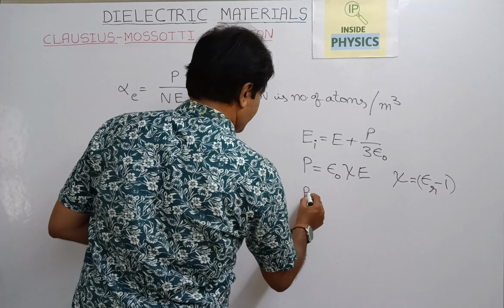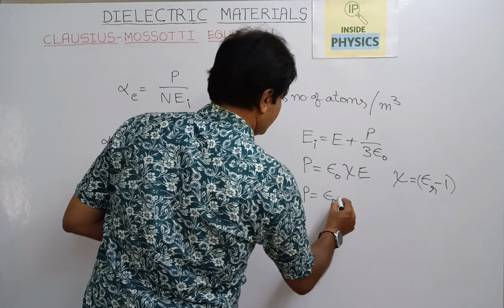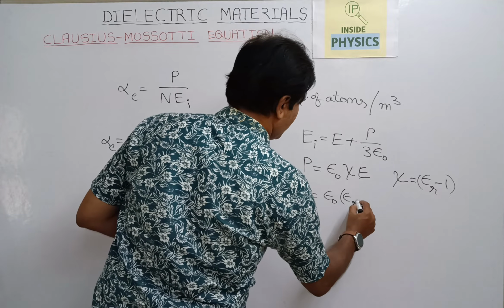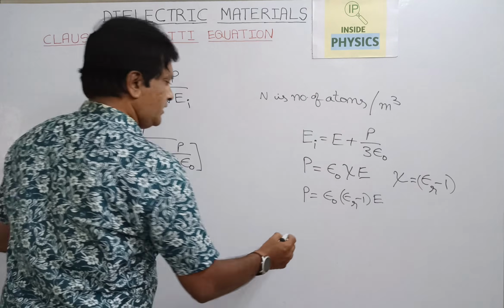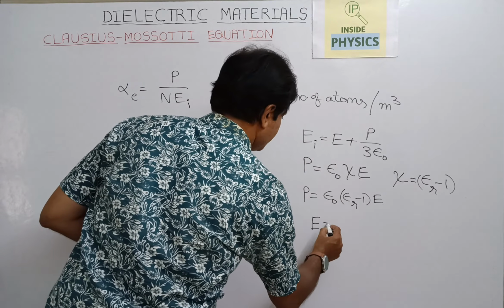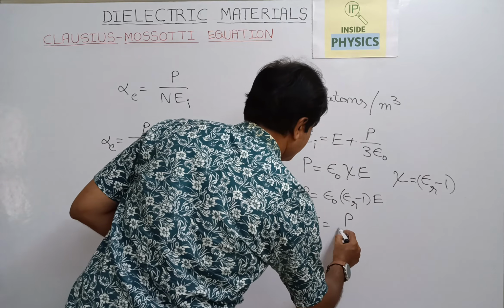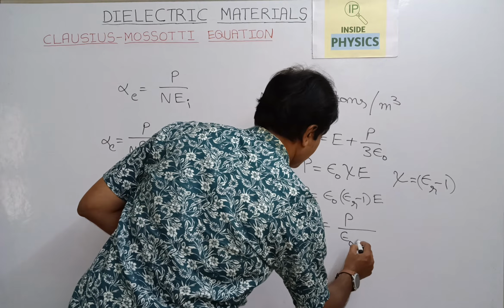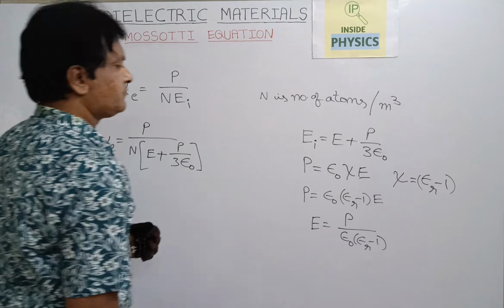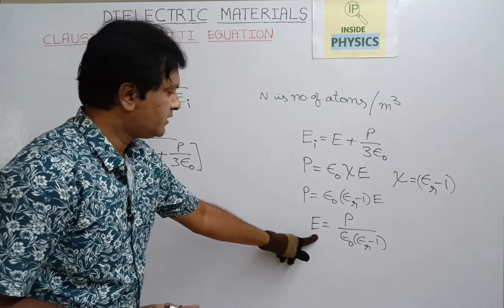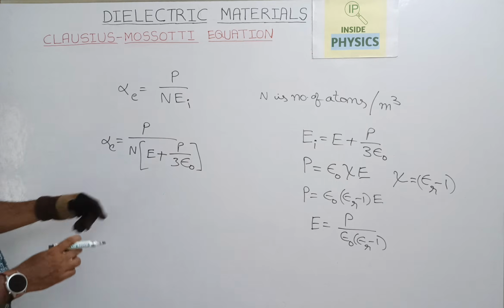With this we can write P equals epsilon naught into epsilon r minus 1 into E. So E is equal to P by epsilon naught into epsilon r minus 1. This E value we will substitute here.